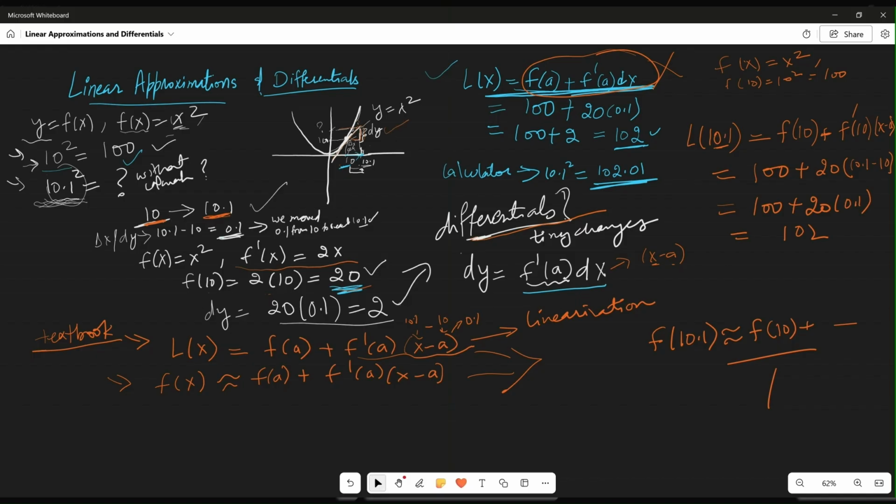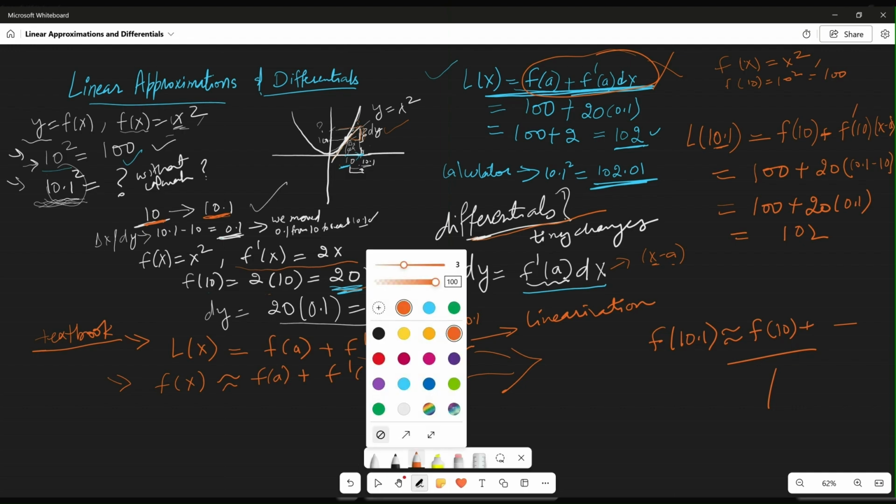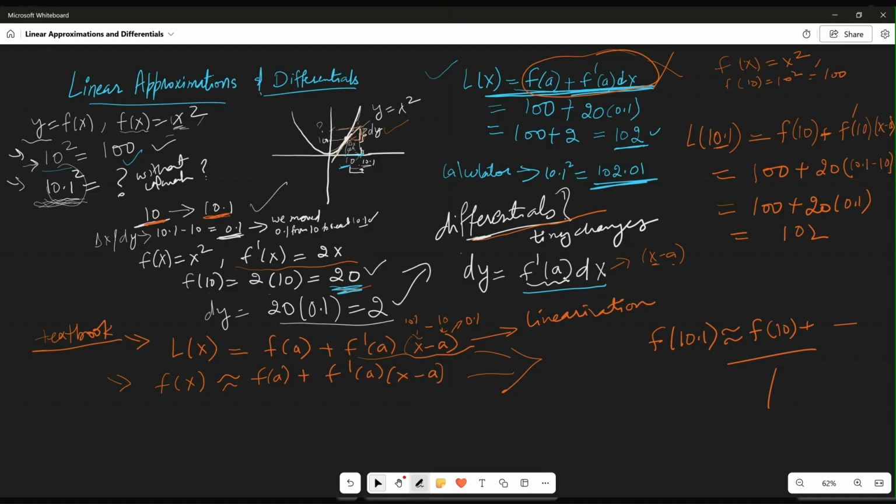And make sure you know that delta y is not the same as dy. Delta x or dx, yeah, it's the same thing. It's just telling us how much we have moved horizontally from one point to the other, the distance.